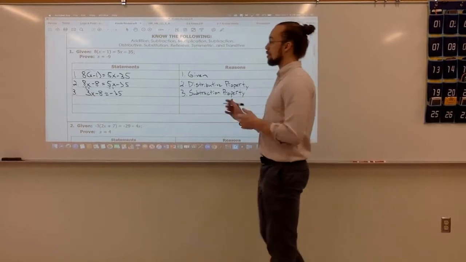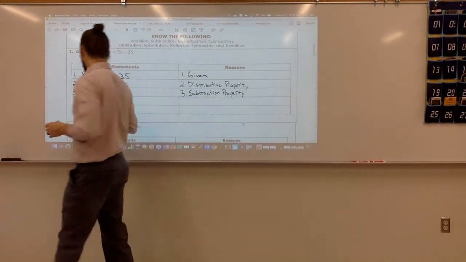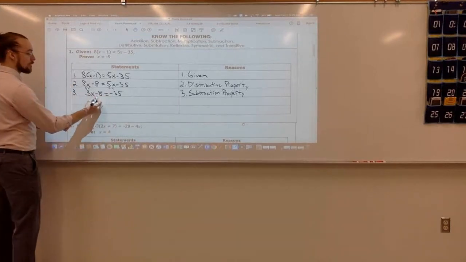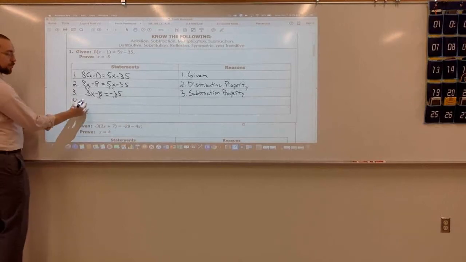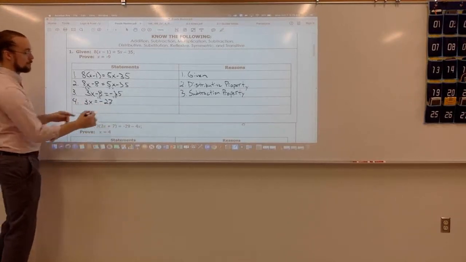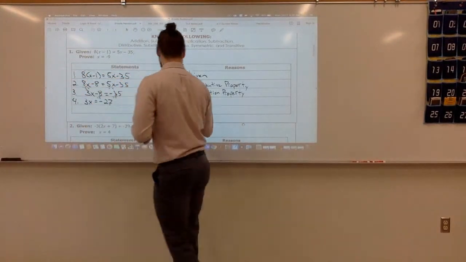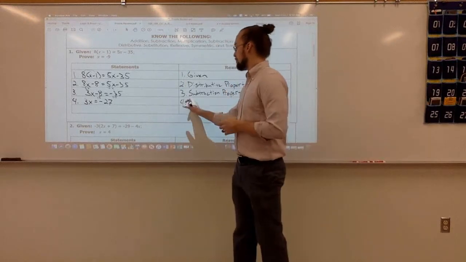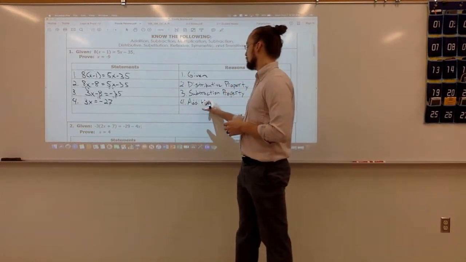Now we want to get the numbers onto the other side, so I will add the 8 over. So we end up with 3x equals -27, right? -35 plus 8 would be -27. My reason for that would be addition. I added 8 to both sides.